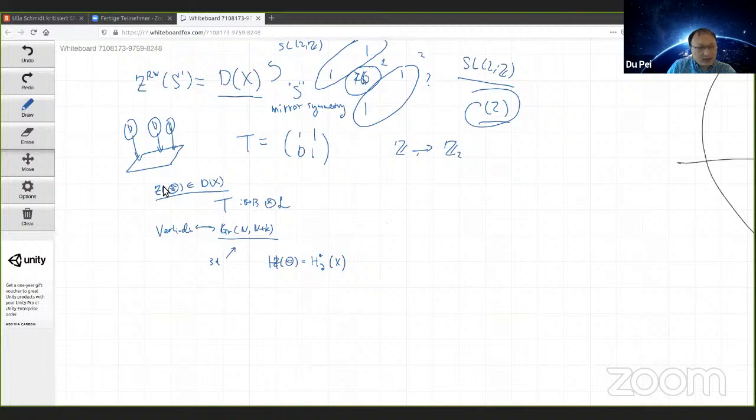For K3, it's a two-dimensional space generated by some constant function and the holomorphic volume form.